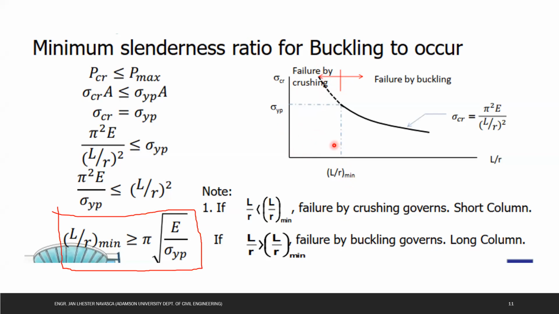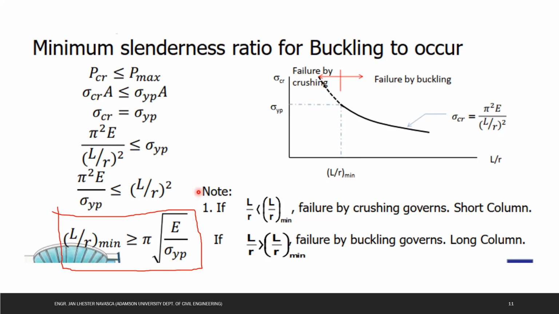And if your governing slenderness ratio is greater than the minimum slenderness ratio, or L over r min, the failure of your column will be buckling. Then this is the graph for sigma CR, pi squared E over (L over r) squared.